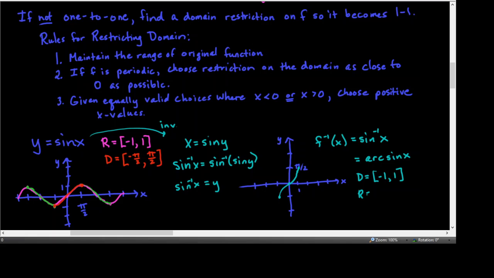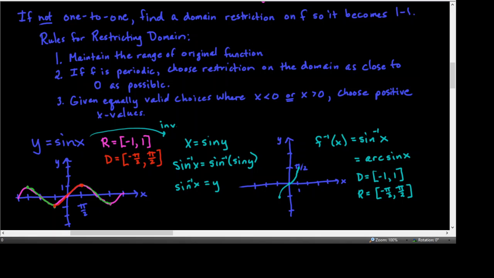Well, I just stated it, but I'll say it again. It goes from negative pi over 2 to pi over 2. Again, not a surprise, because that's the domain of the restricted y equals sine of x, the part we kept to make it 1 to 1. Okay, so got that down.